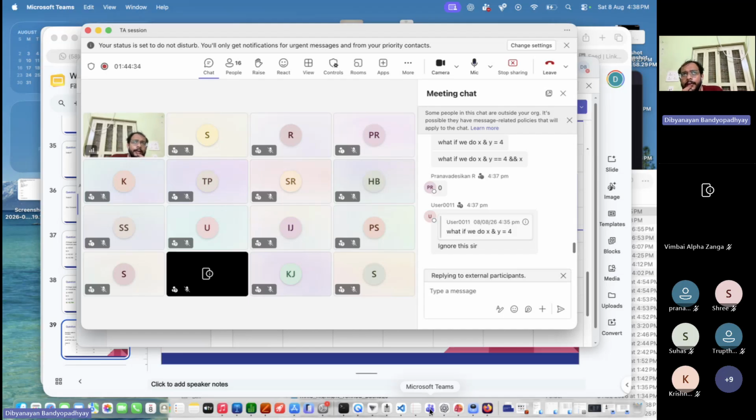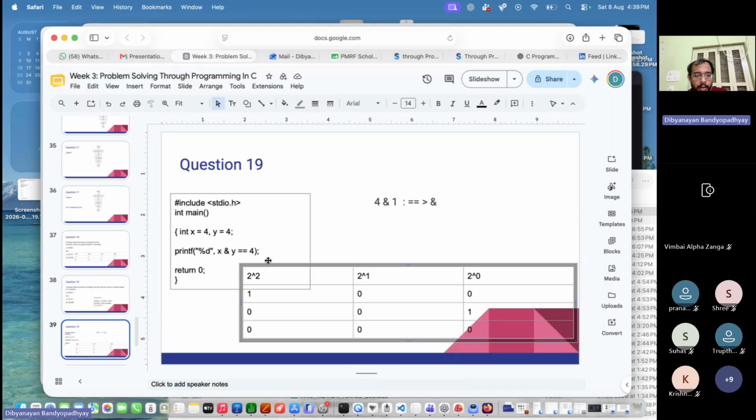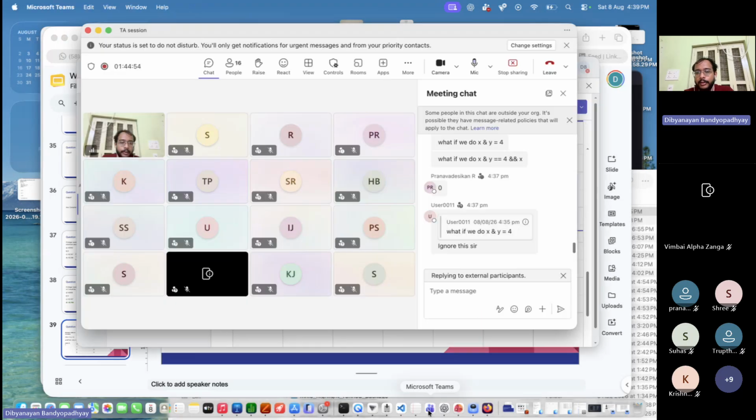I think 4 means non-zero, so it is 1. So 1 and 1 is 1. So the value of x will be 4, right? So 1, 0, 0, and y is also 1, 0, 0. So it will be 4 only. So 4 equal to 4 will give you 1, I think.